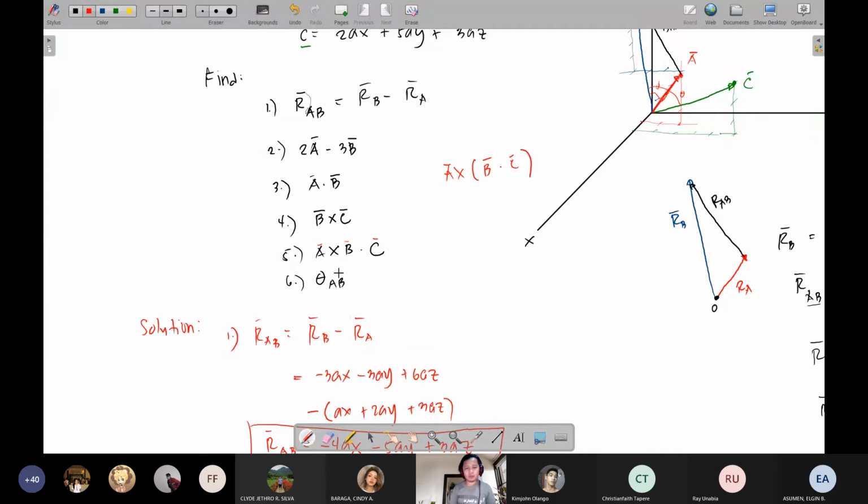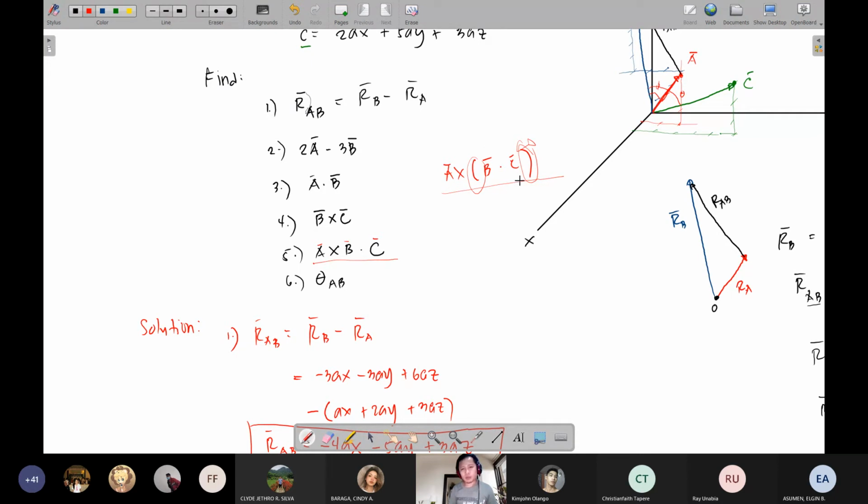Basically these two are different. For the first one, the cross product should come first compared to the dot product. But for this one, the parenthesis should definitely come first. For the first, the cross product comes first, but for this one the parenthesis must come first.